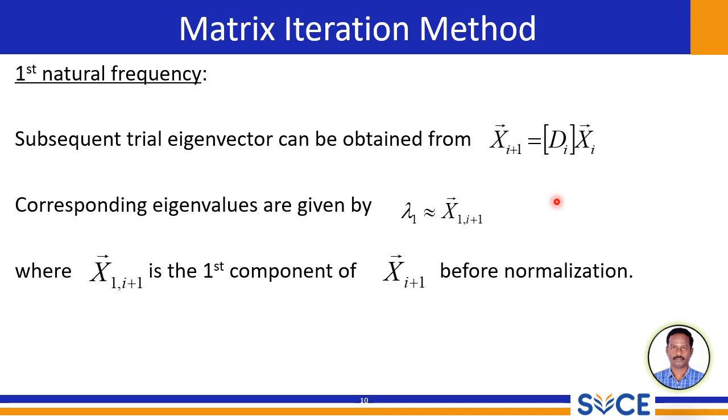Hence, these formulas provide a clear roadmap for continuing the matrix iteration method. We take the normalized vector from the previous step, multiply it by the dynamic matrix to get a new vector, and then use the first component of this new vector before normalization as an estimate for the eigenvalue. We then normalize this new vector and repeat the process until our eigenvalue and eigenvector estimates converge.